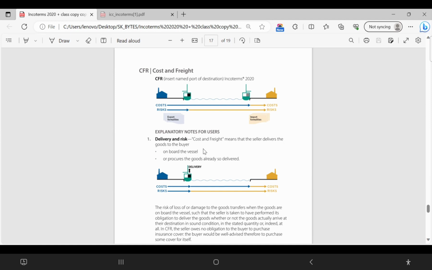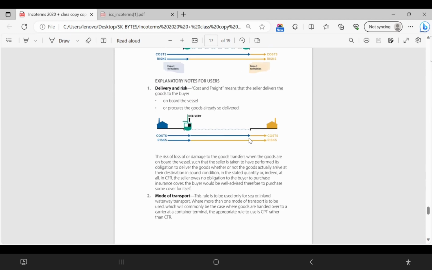Cost and freight means the seller delivers the goods to the buyer on board the vessel. If you remember, that is also on board the vessel, or procures the goods already so delivered. However, in both cases the delivery happens at this point, but the cost is until this point. The risk of loss or damage to the goods transfers when the goods are on board the vessel, such that the seller is taken to have performed its obligation to deliver the goods, whether or not the goods actually arrive at their destination in sound condition, in stated quantity, or indeed at all.